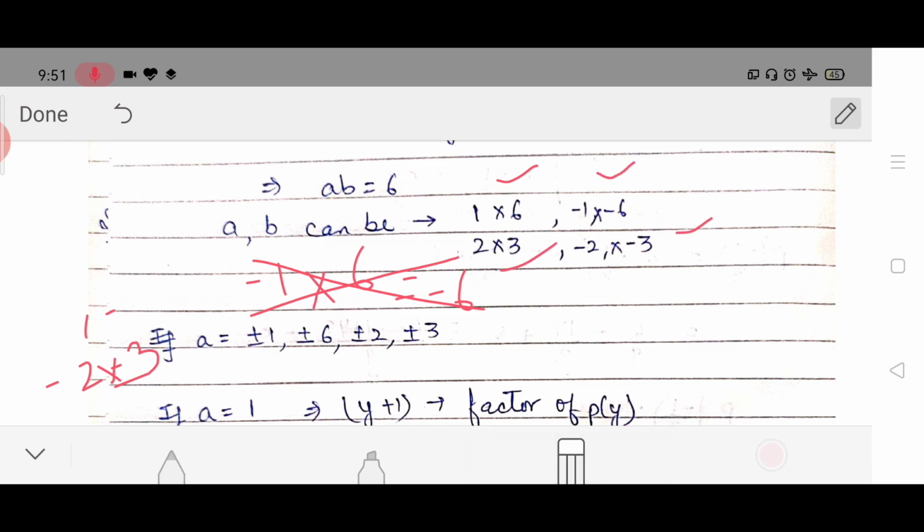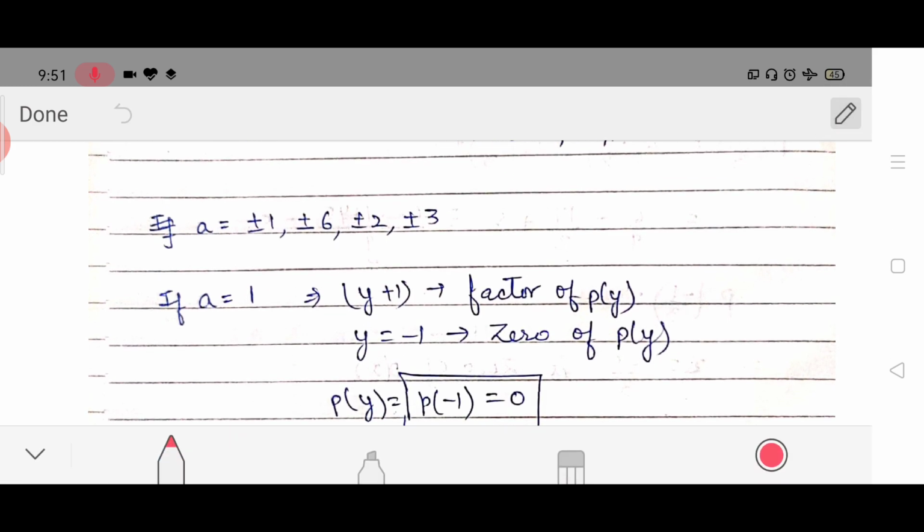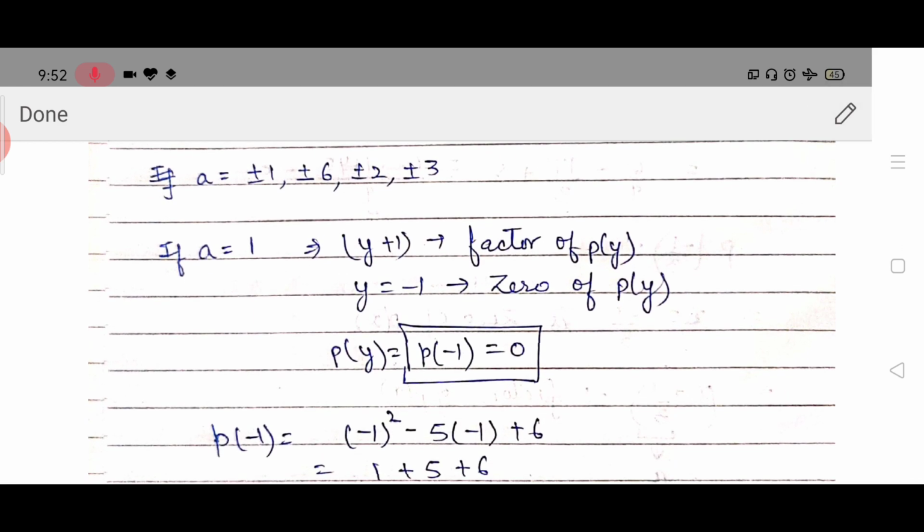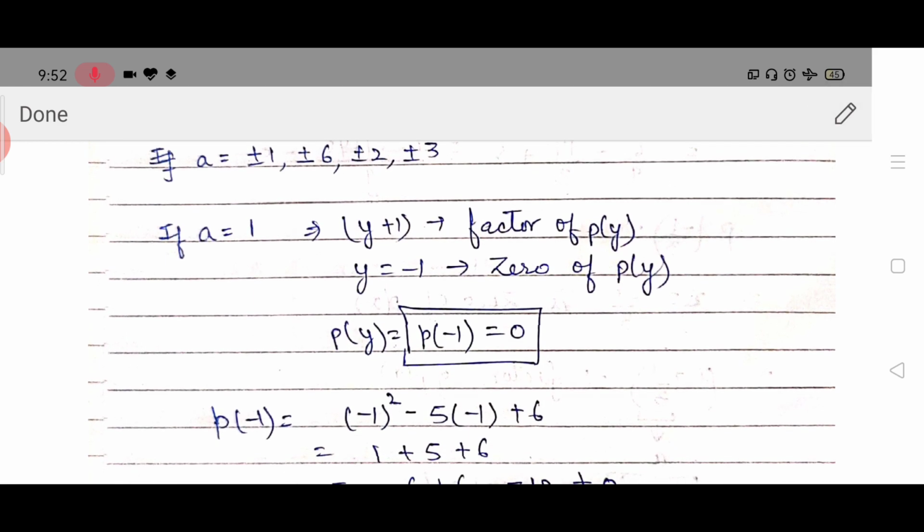Based on these 4 possible outcomes, the value of a must be one of these 4 numbers with positive or negative sign. Let us check these possibilities one by one. First, let us check the value of the polynomial at a equal to 1.